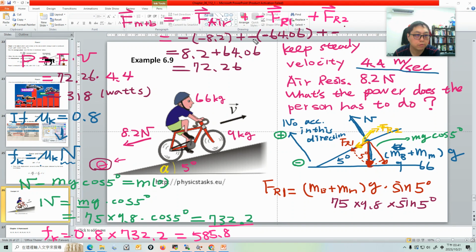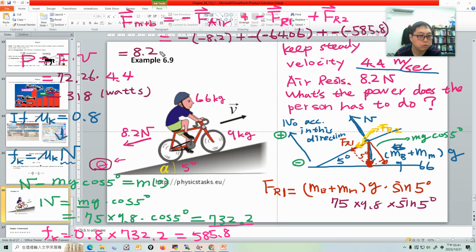And it's minus 585.8. Okay, so what's the value of this? Finally we have three terms added together: 8.2, 64.06 plus 585.8.